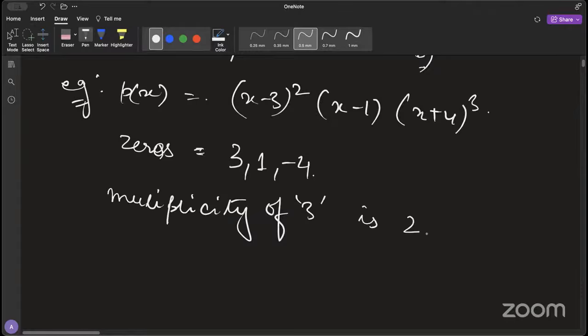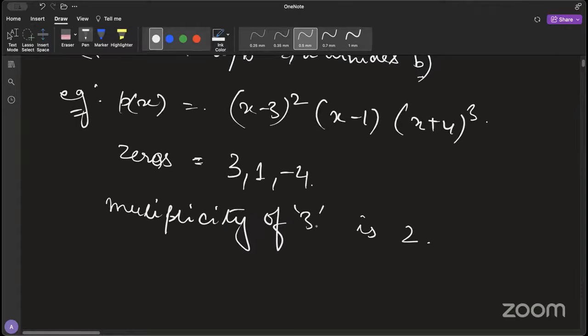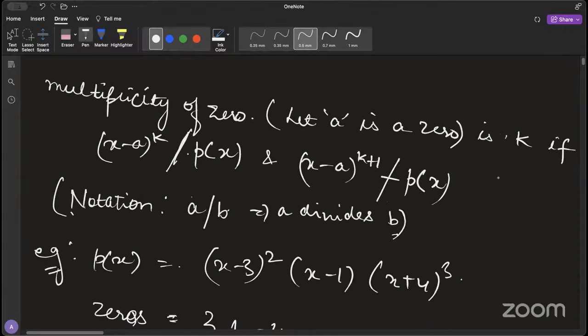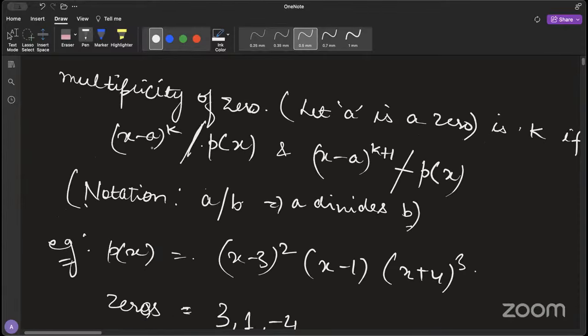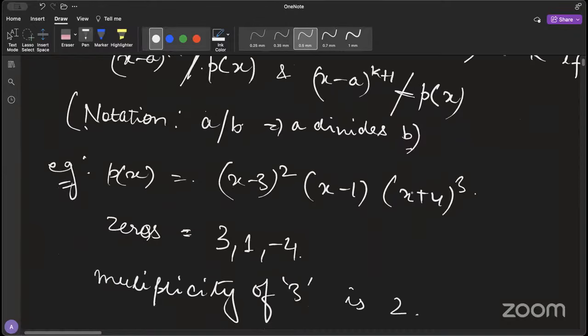Is 2. Why? Because our definition says that k is the multiplicity of a zero if (x minus a) to the power k divides p(x), and (x minus a) to the power k plus 1 does not divide p(x).